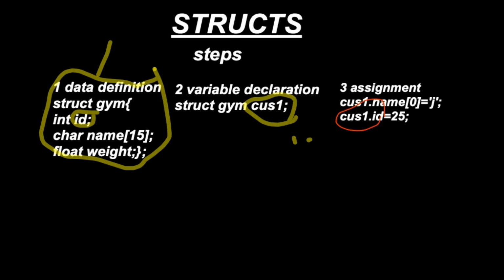Now if we try to print this, it's going to display 25. Let's say for example I'm trying to print the variable course1 dot id.